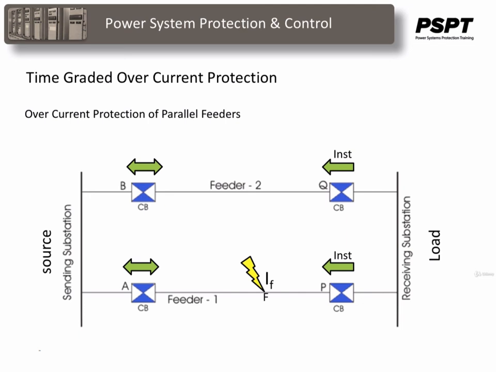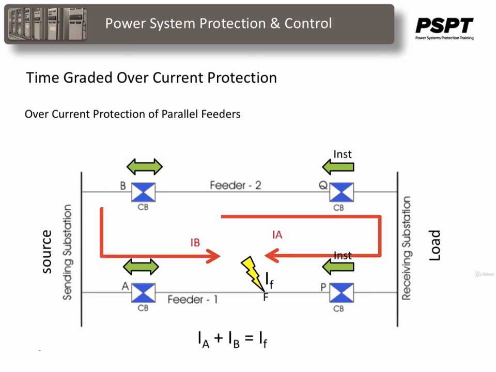Now, suppose a fault occurs at point F. Say the fault current is IF. This fault will get two parallel paths from the source, one through circuit breaker A only, and the other via circuit breaker CB-B, feeder 2, CB-Q, load bus, and CB-P.